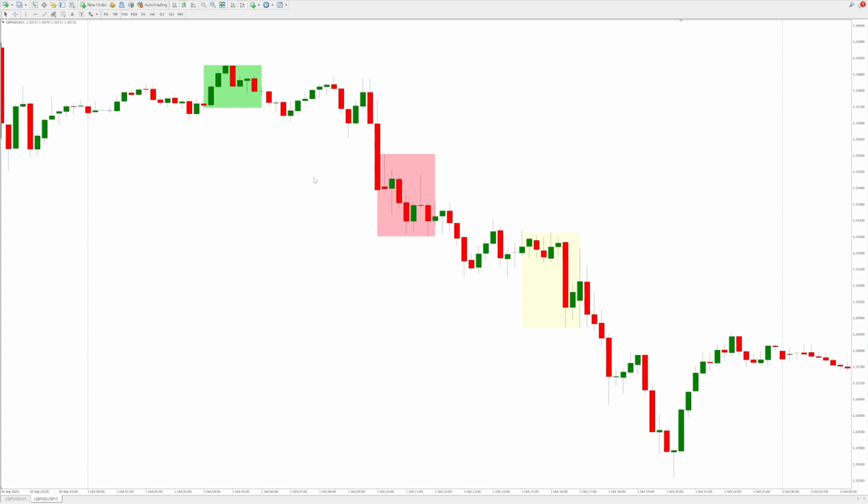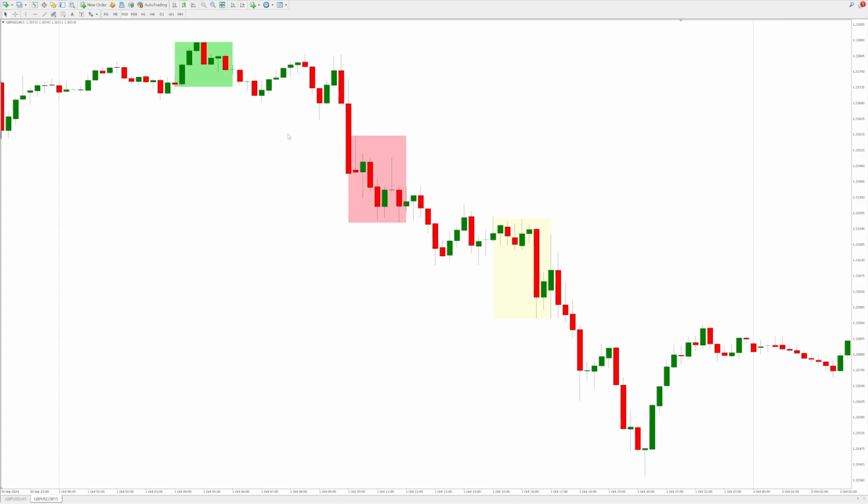It does depend what currency pair you are trading. For example, if you're looking at the Asian Killzone, which is the green one here on the chart, you're going to see more of an impact on yen pairs, Australian dollar pairs.